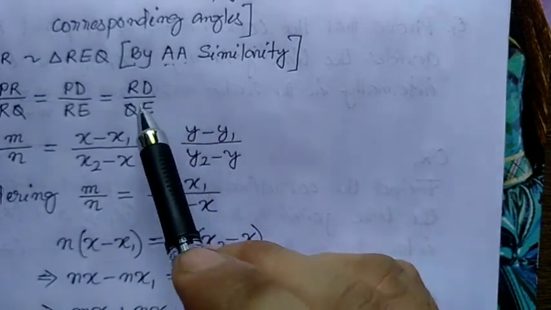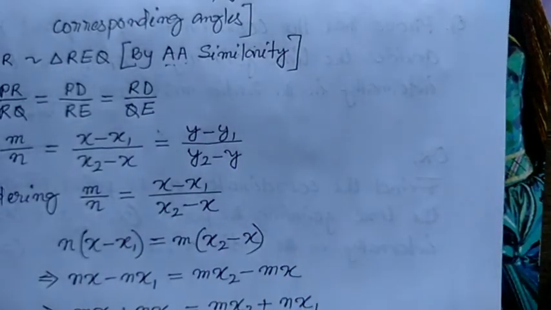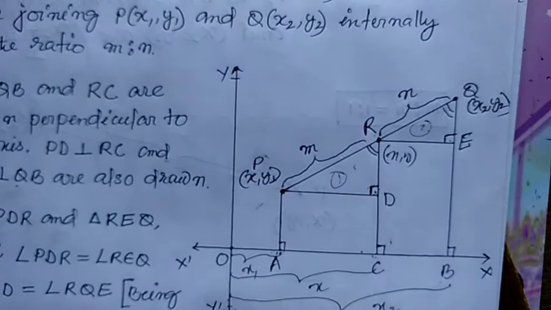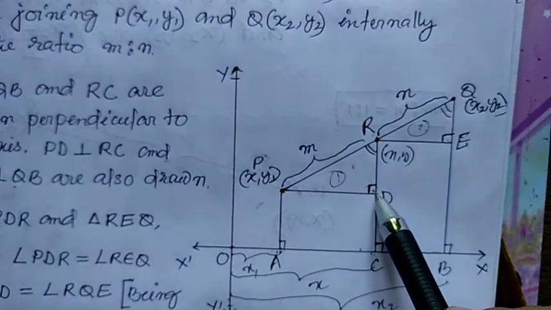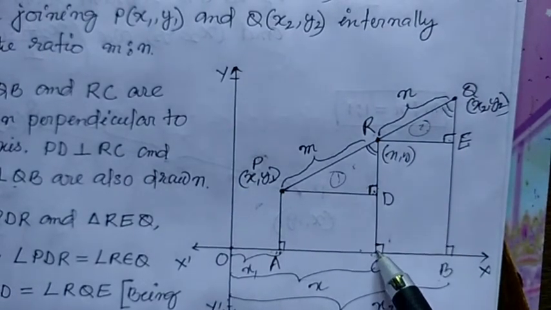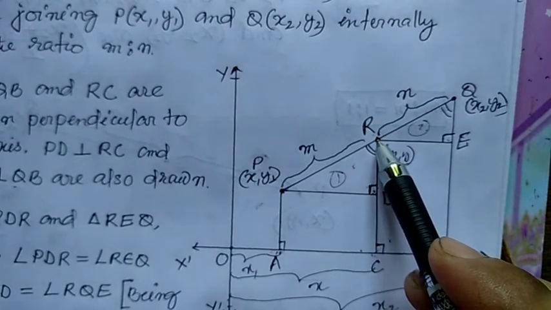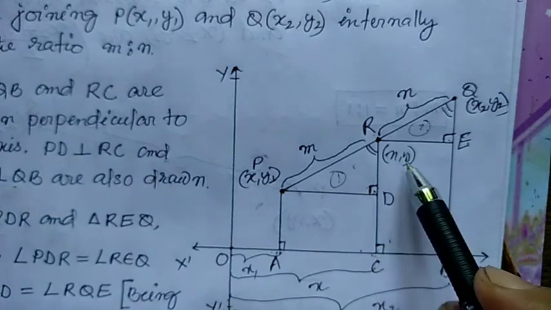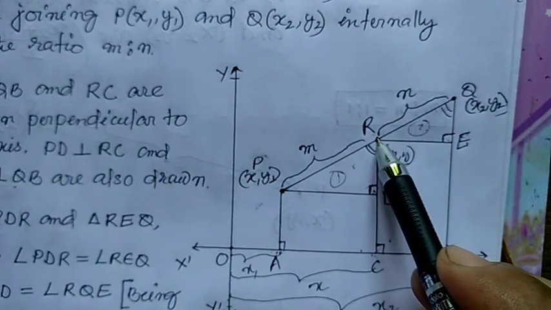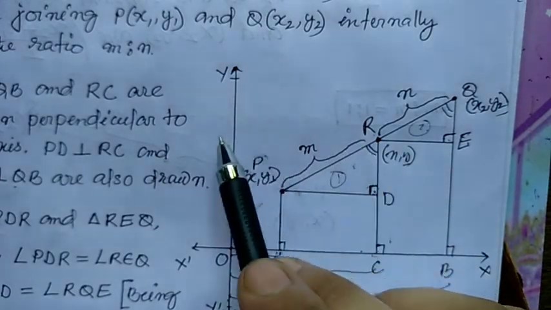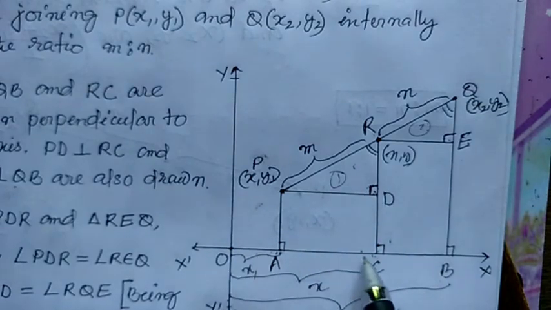Like that, now we'll write for RD. Again, let's go back to the figure, RD. Here is R, here is D. And again, let's see, from C to R is y, because the distance of this point R from the x-axis is y. Like that, the distance of this point R from the y-axis is equal to OC. You know OC length is x.